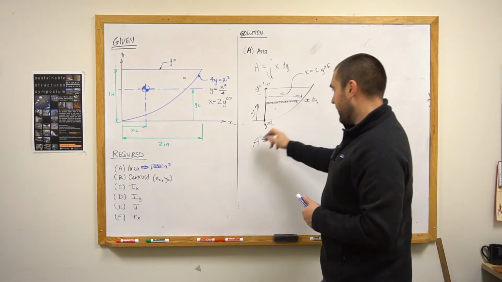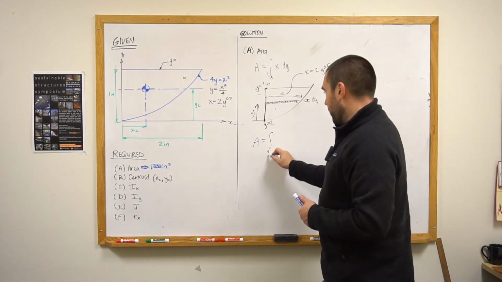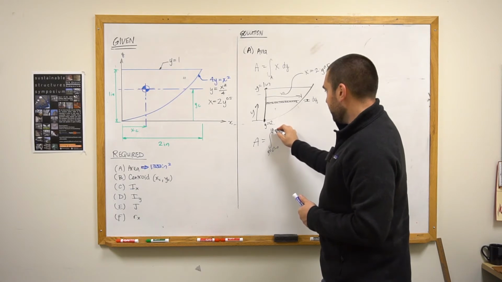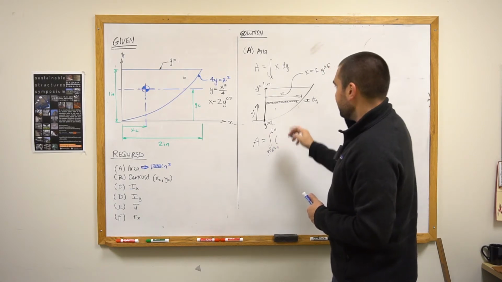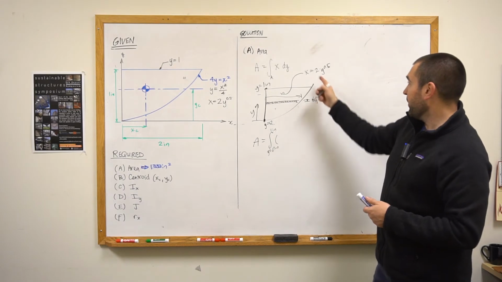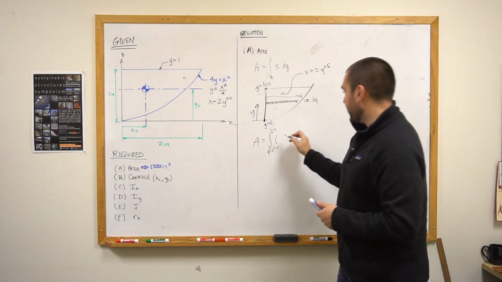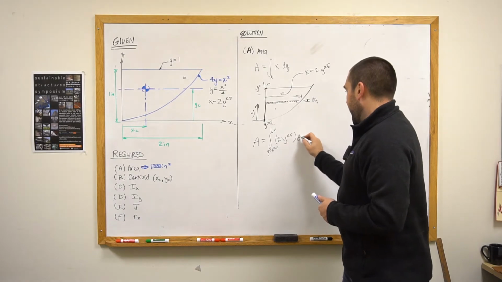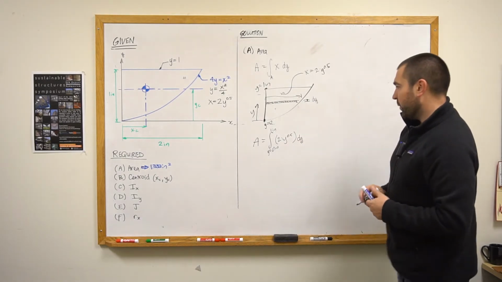Area equals the integral from y equals 0 inches to 1 inch, and my function for the width right here is simply 2y to the 0.5. And the integral is taken with respect to y.